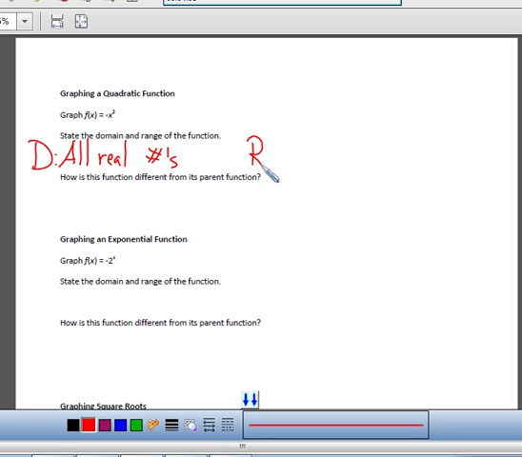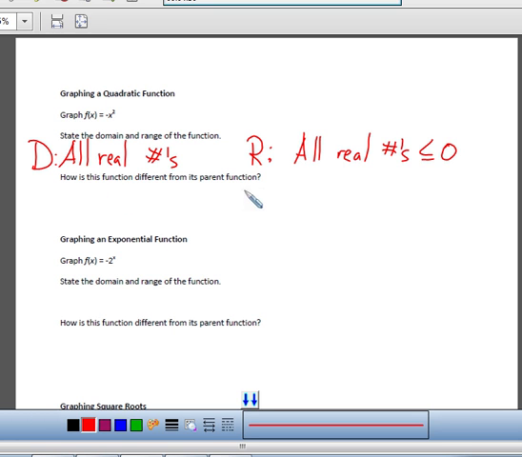And the range is going to be all the real numbers that are less than or equal to 0, because this parabola is below the x-axis.